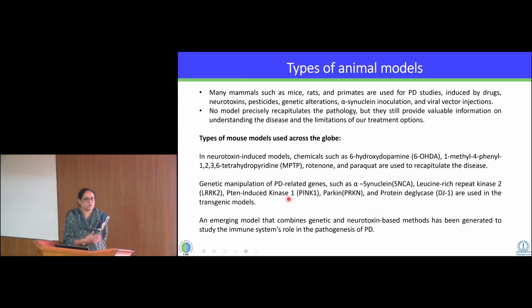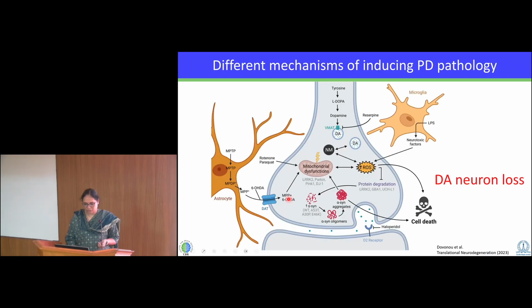Now there are many emerging models which use a combination of both, because in any neurodegenerative disorder, more importance is now given to the immune system. So we use both of these models to look at how the immune system is involved in the pathogenesis of PD.